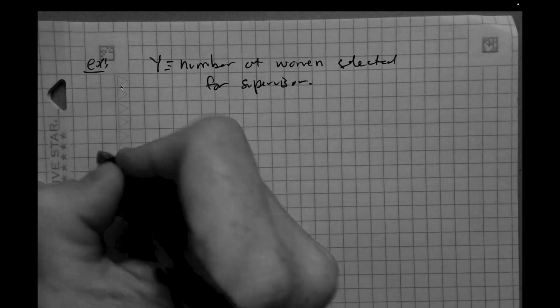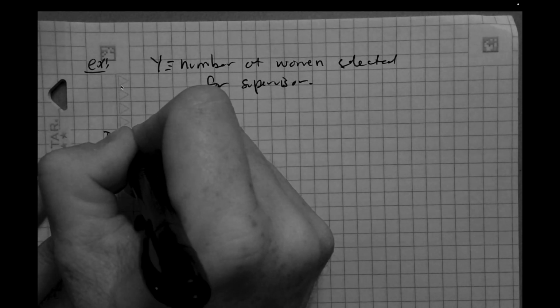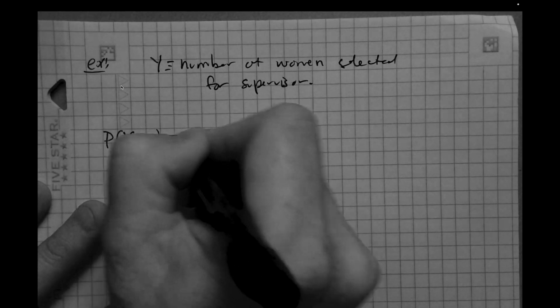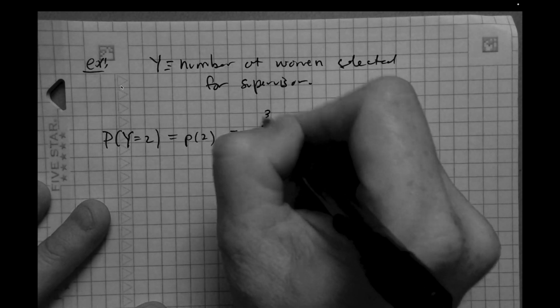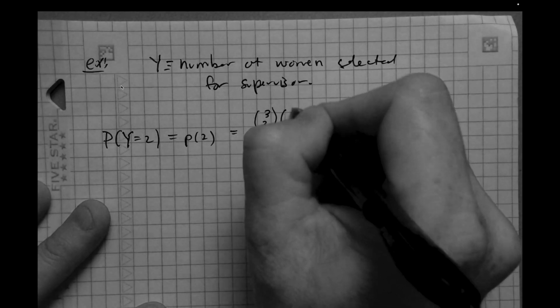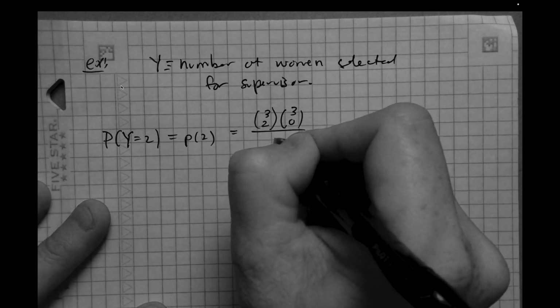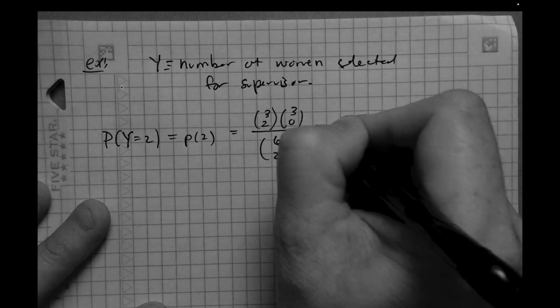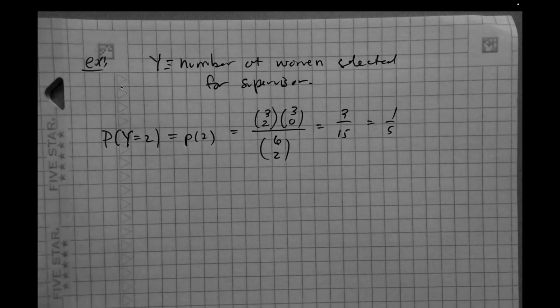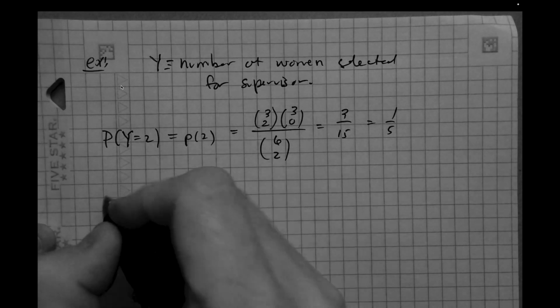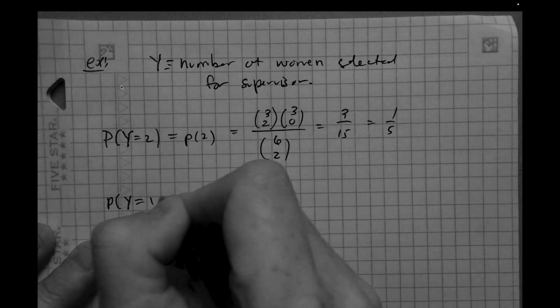We already figured out that the probability that y is equal to 2, otherwise known as probability of 2, was 3 choose 2 times 3 choose 0 divided by 6 choose 2, which we said was 3 over 15, otherwise known as 1/5. What about the others? What's the probability that y is equal to 1?